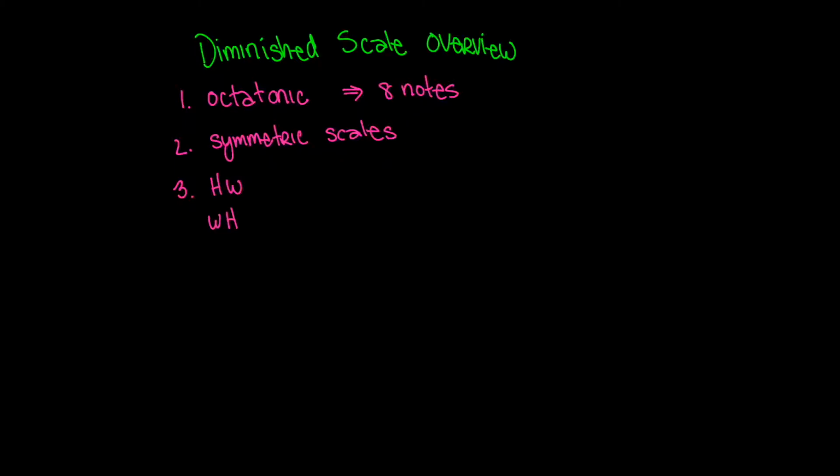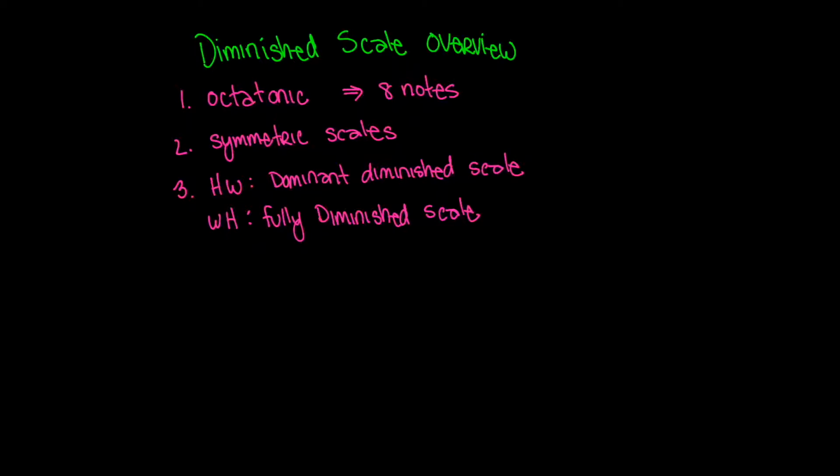The whole half model is known as the fully diminished scale, while the half whole model is also known as the dominant diminished scale. And there are very good reasons for all of that, which we're going to learn about. So whole half is the fully diminished, and the half whole is the dominant diminished scale.